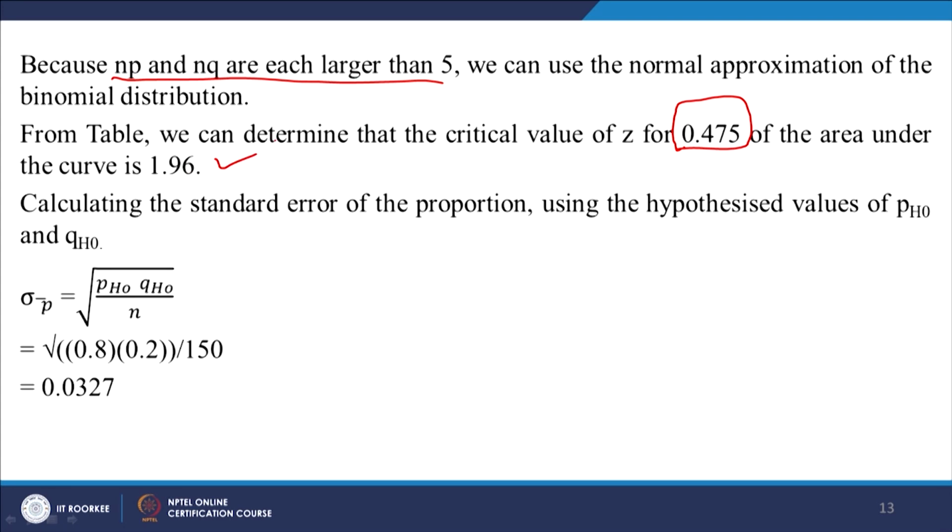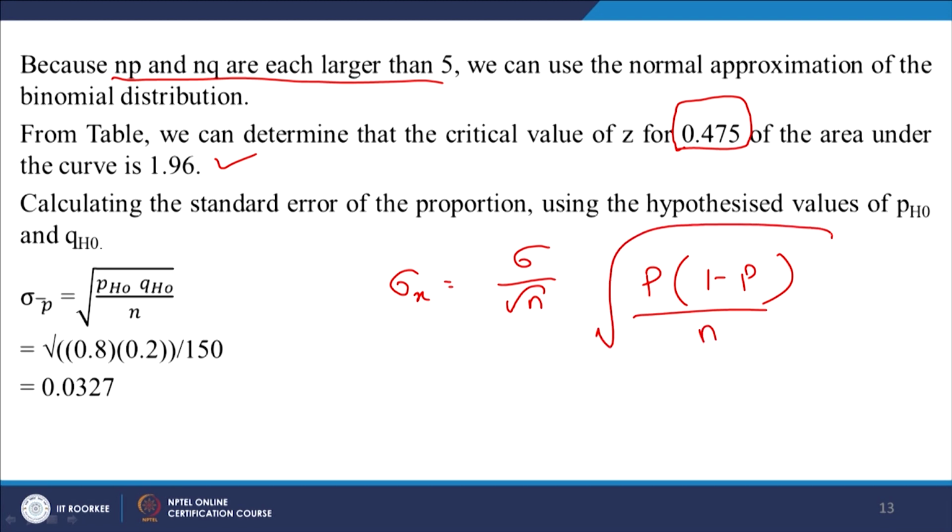Now, let us calculate the standard error. First, you calculate the standard error of the proportion this time. So, this formula has changed now. Earlier, when you were saying standard error in terms of means, you were saying standard deviation by root over n, correct. But here the formula has slightly changed, it has become root over PQ by n, that is, root over P into 1 minus P by n.